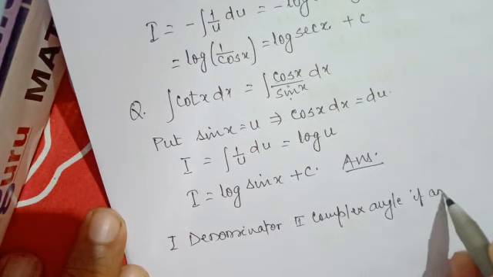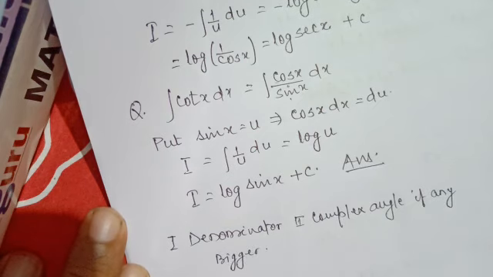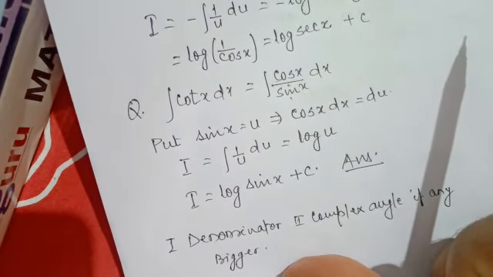If all are simple, that is, no angle is complex and the denominator is a simple term, then find the bigger term, and then apply substitution, differentiate, and then put the value, then the integration becomes simple.